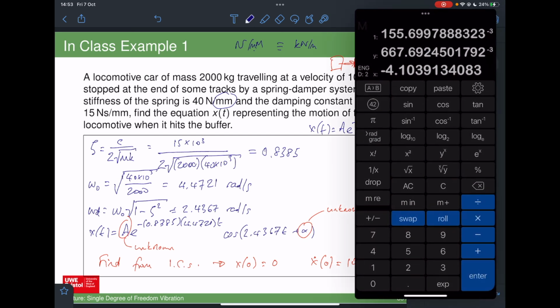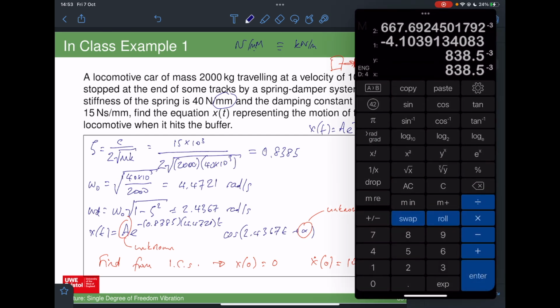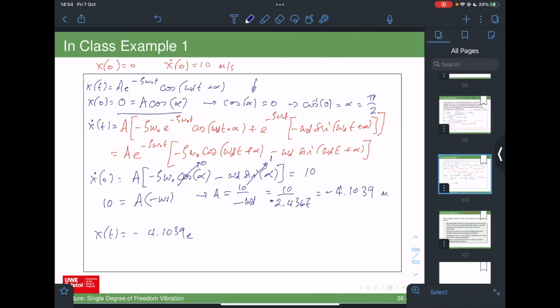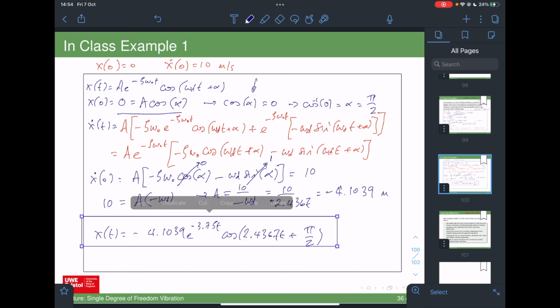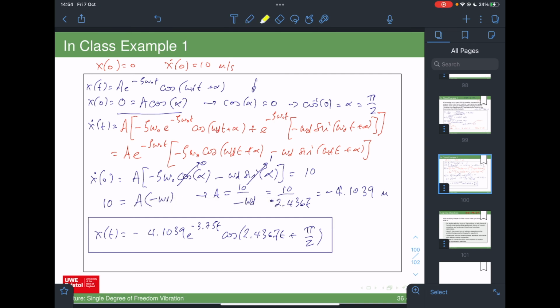So that's 0.8385 times by 4.47, 3.75, or 3.75 e to the minus 3.75 t cosine of 2.4367 t plus pi over 2. There. Is the solution.